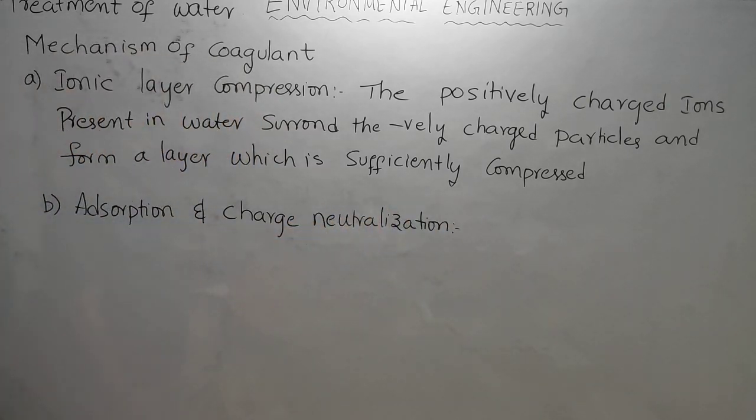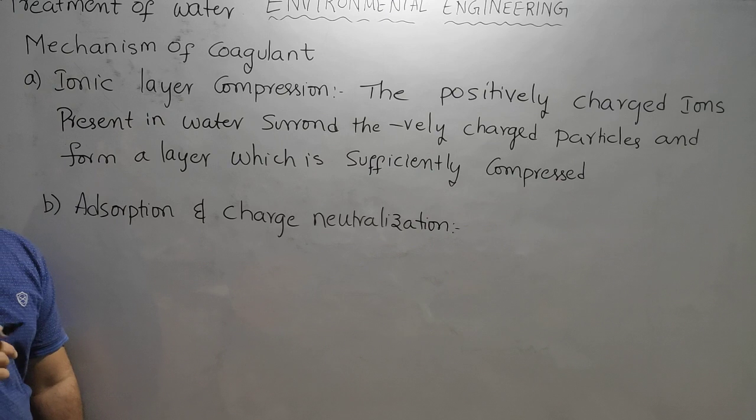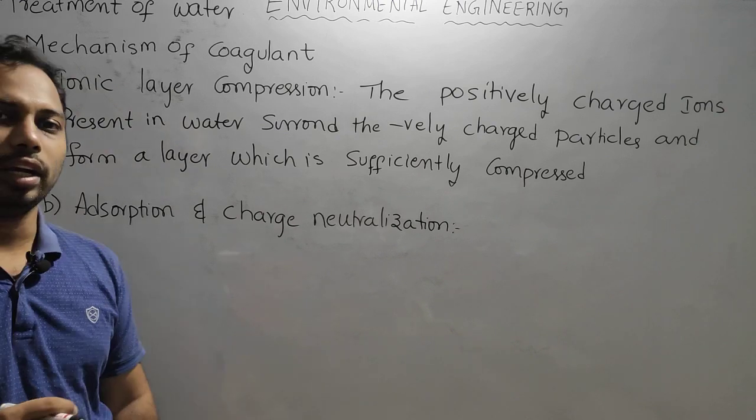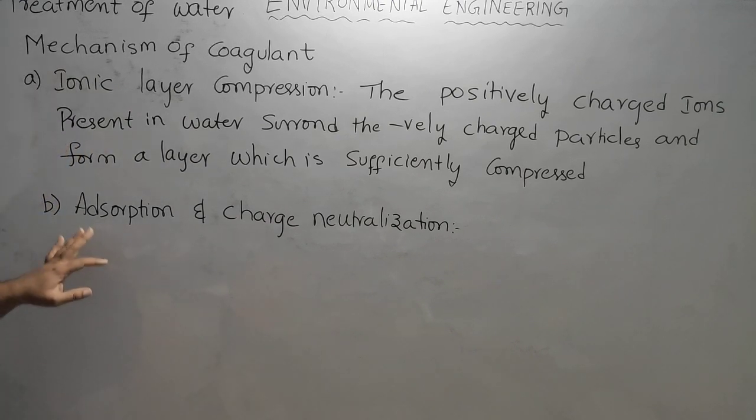That means the positively charged particle will come to the ionic layer after compression, then adsorb on the negatively charged particle and neutralize it. That is adsorption and charge neutralization.